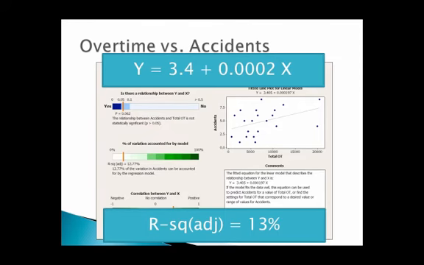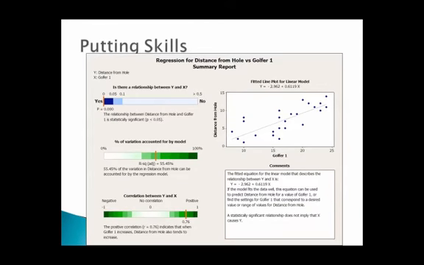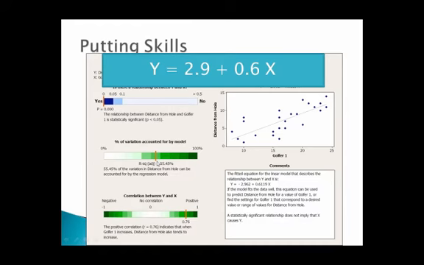Let's look at another one. So I measured my putting skills, and I'm putting from 10 feet away, 20 feet away, and then the idea is that the closer I get to the hole, the more accurate my putts will be. So if I look at my p-value, is there a relationship? Yes, absolutely. My p-value is 0.000. That's fantastic. There's a correlation. And my R-squared adjusted, in this case, looks pretty good.